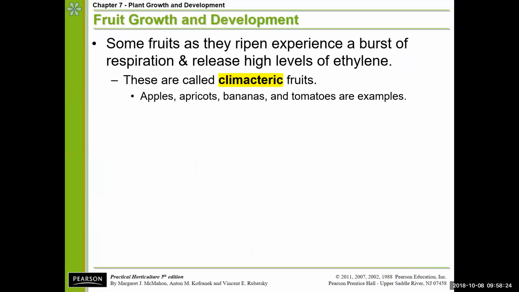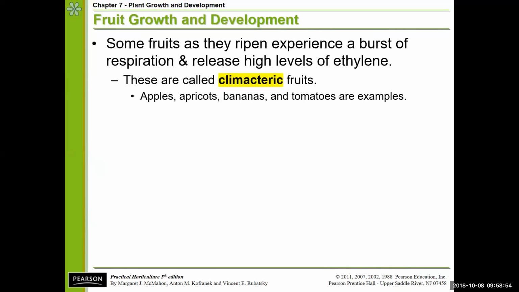Some of the fruits out there will ripen with respiration and release this gas known as ethylene, which allows them to continue to ripen after they are harvested. These are known as climacteric fruits. These are fruits like apples, apricots, bananas, and tomatoes, which release ethylene on their own.